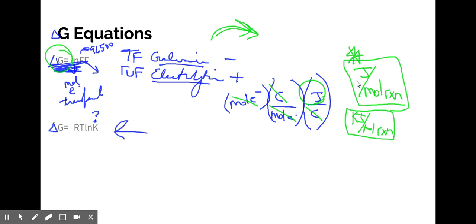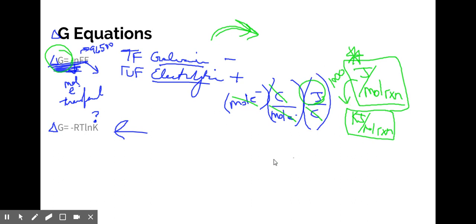In order to convert from joules to kilojoules, I would divide this quantity by 1,000. In order to convert from kilojoules to joules, I would multiply this quantity by 1,000. So remember, 1,000 is our conversion factor between these two.